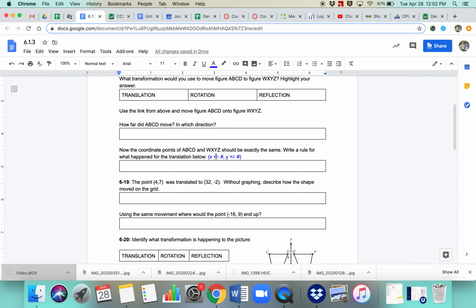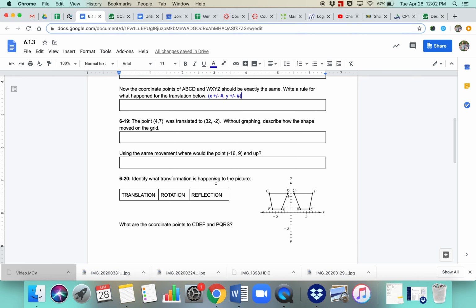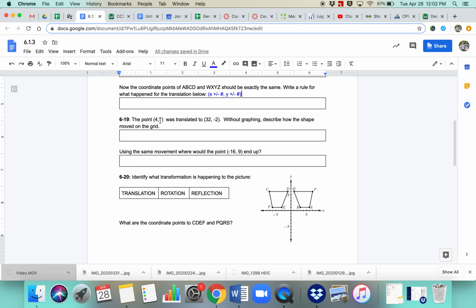If X is moving to the right, you're adding. If X is moving to the left, you're subtracting. If Y is moving up, you add. If Y is moving down, you subtract. So now, the point 4,7 was translated, so it was slid to 3,2, -2. Without graphing, describe how it moved. So using this kind of equation, how is this becoming that?